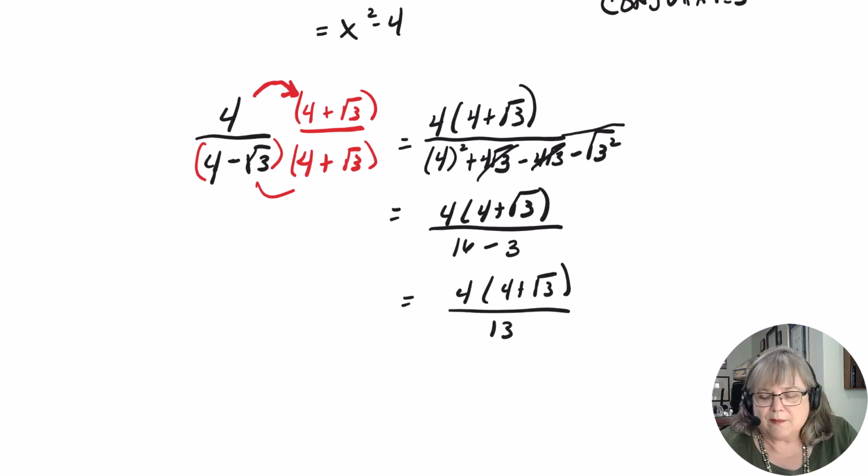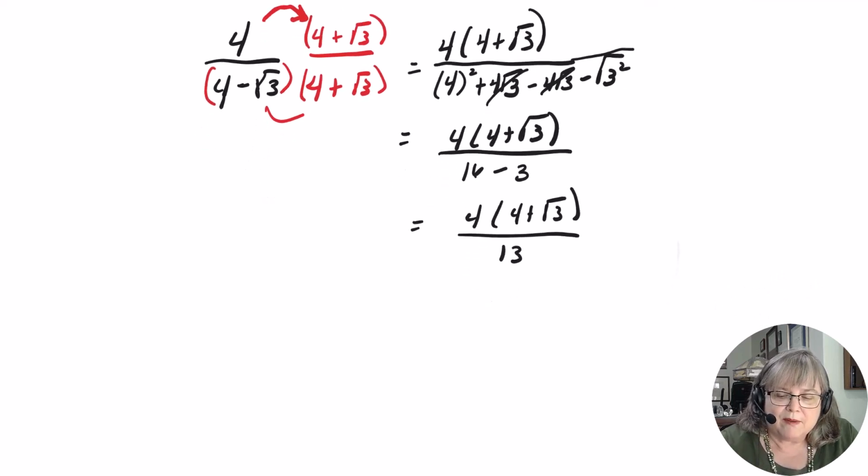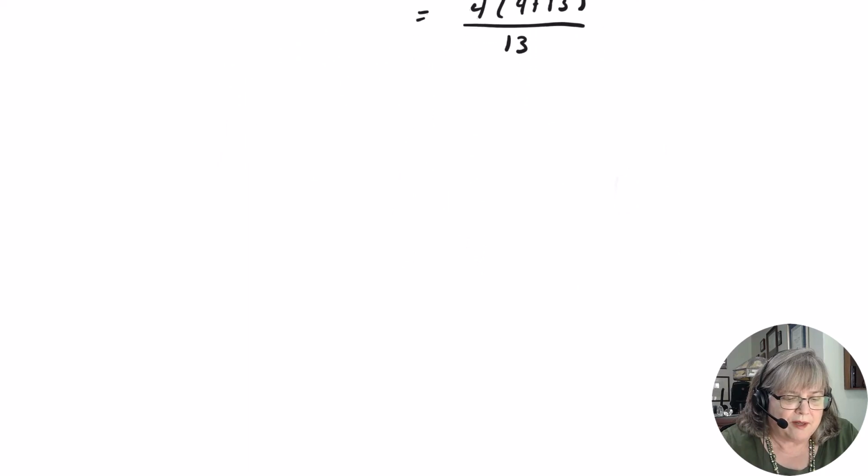Now, if by some odd chance this had turned out to being 4 times 4 plus the square root of 3 over something like 12, then these two would reduce. So since 4 won't go into 13, you could either leave it this way, factored, or some of your teachers may want you to multiply that out, but factored is usually pretty good. Okay, let's try one that's not strictly numbers.